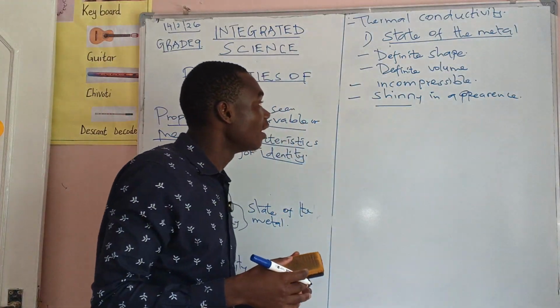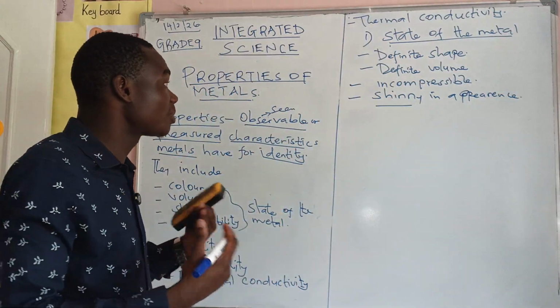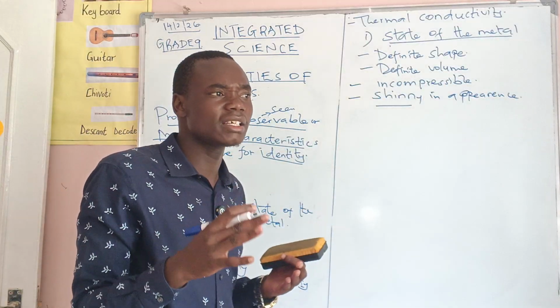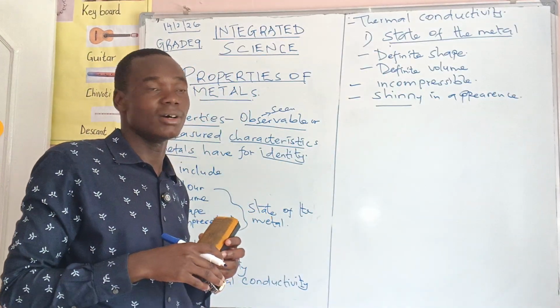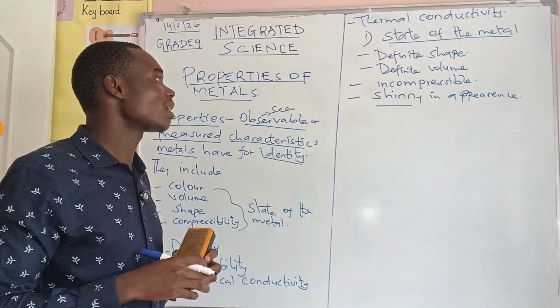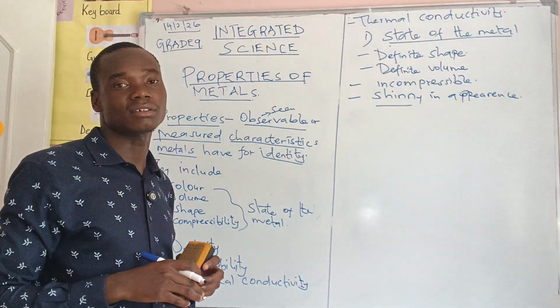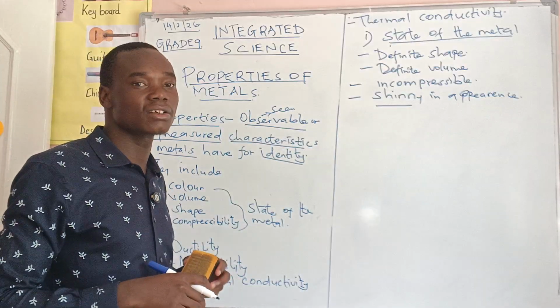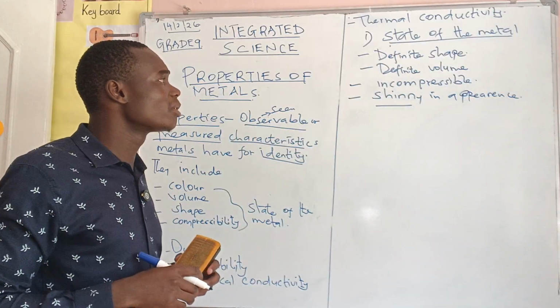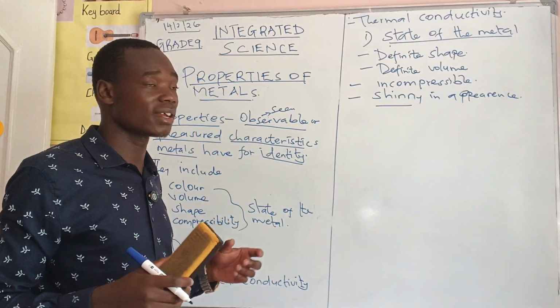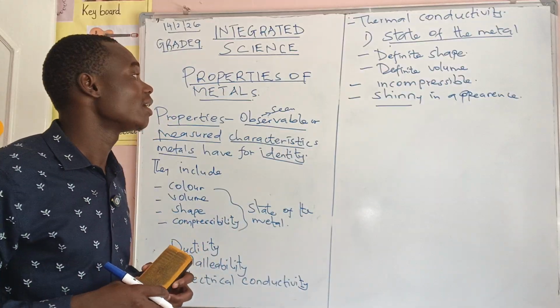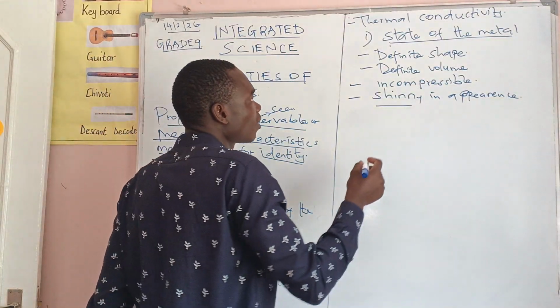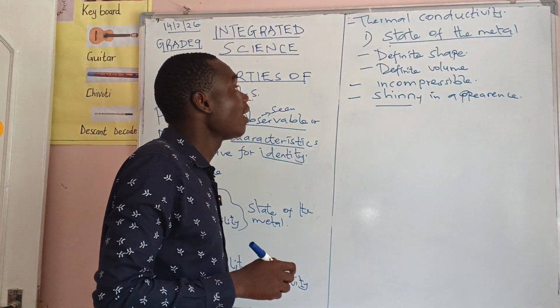They captivate. You look at it and realize, wow, it is so interesting. Those are metals. Look at the necklaces that you buy, they are made of metals. See how beautiful and how shiny they are in appearance. So we can conclude that metals are shiny in appearance.